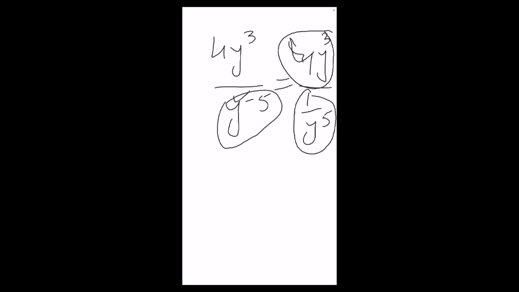So I am writing 4y raised to power 3 and I am making one denominator, the same way we have done before, just to practice. Now the denominator again, 1 divided by y raised to power 5. Okay, so now how are you going to solve it? That division is going to be converted into what?